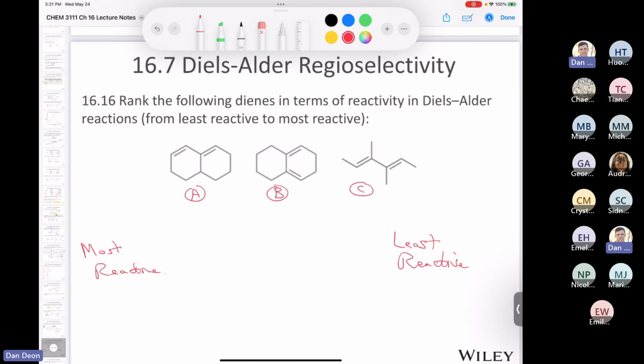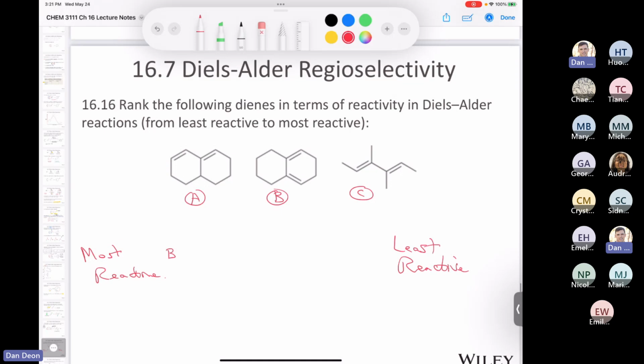Can anybody suggest, there's one of these that's by far the most reactive. Can anybody suggest which one it would be based on what I showed you? Yeah, thanks, Sydney. Absolutely. B is the winner by a long shot, okay? The other two don't even come close.